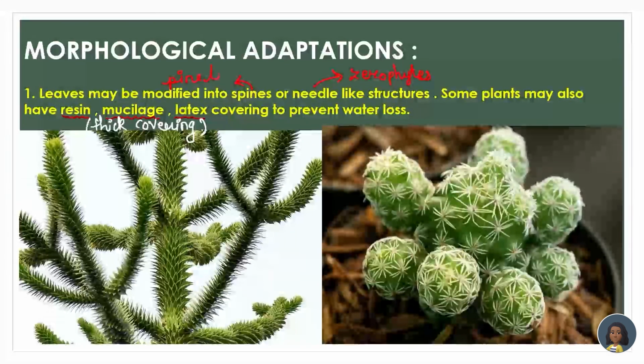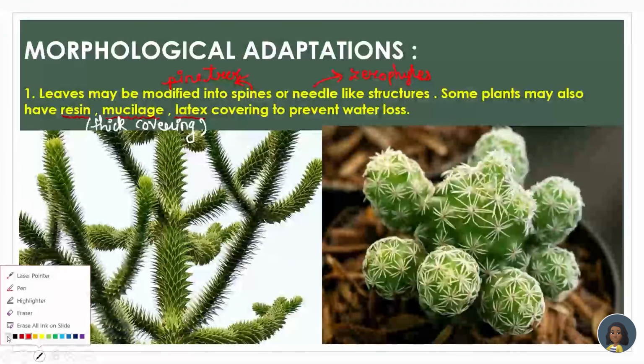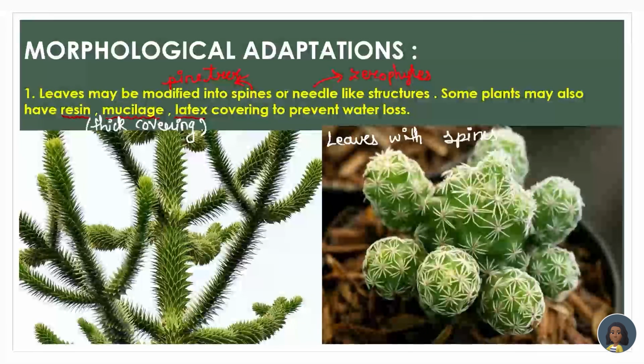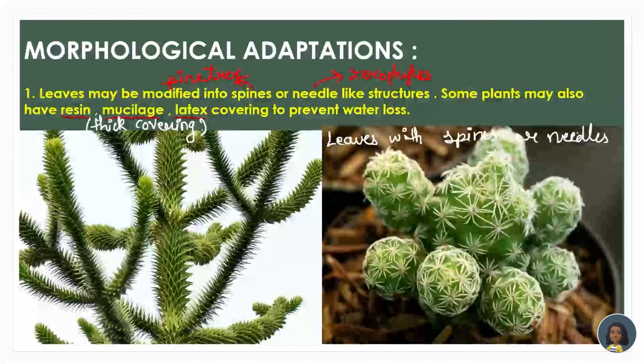And one example of spines I can give you all is pine tree. Pine tree is basically found in mountainous regions. So I can write it here that leaves with spines or needles reduce the surface area.